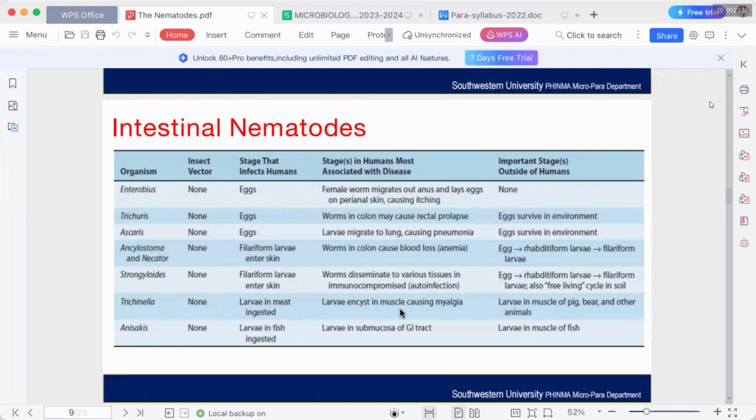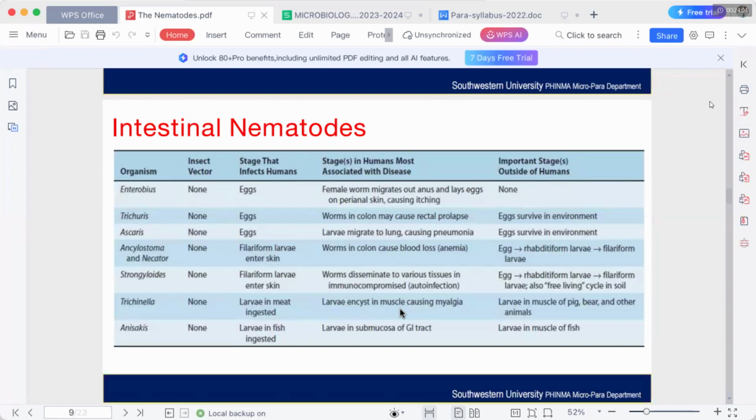Remember, in intestinal nematodes, no vector needed. For the stages that infect the human, it's there. So I hope you will study this table. Very simple table, but very informative, easy to memorize and easy to remember.